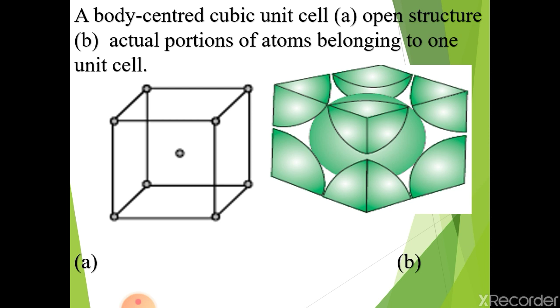To look in the open structure, one atom is shown in the body center and 8 atoms are shown at the corner position.